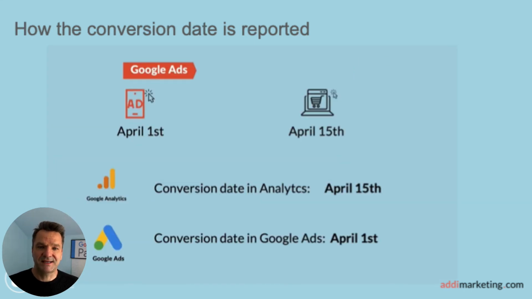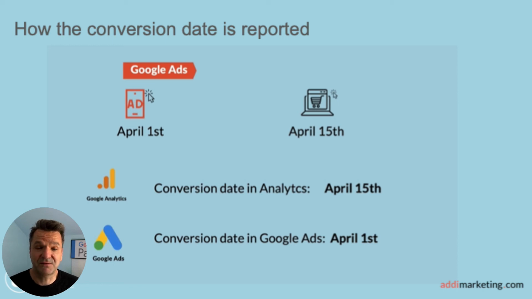The conversion date is also reported in a different way. So let's take the simplest example: a Google Ad click and then the conversion happens several days later, in this case 15 days later. This conversion date in analytics will appear on the date of conversion, which means April 15th. The conversion date in Google Ads will appear dated April 1st because April 1st was the first ad click that led to this conversion.